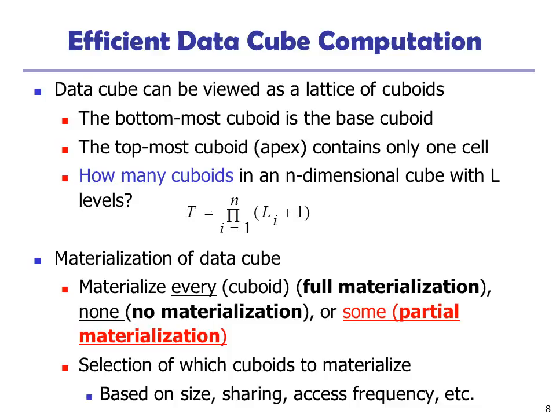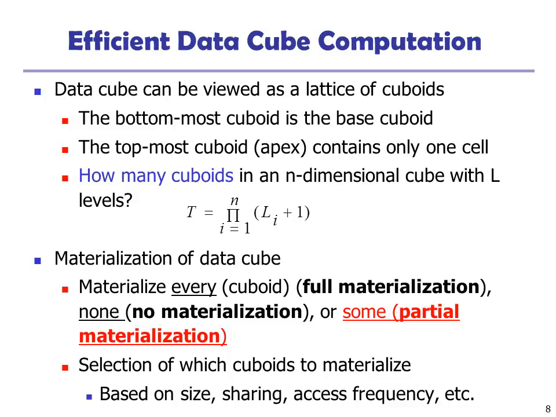Now, let's look at how the data cube can be materialized, or whether or not you need to materialize the data cube at all. So what is meant by materializing a data cube? That means you take a smaller piece of the cube and actually physically store it in some place.